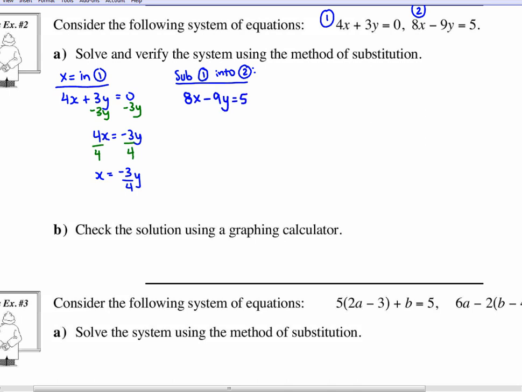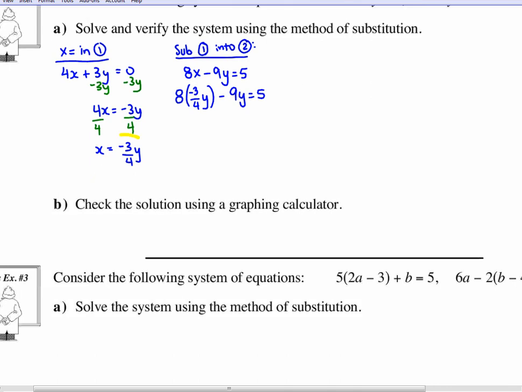Oh, that's funny. Okay, so here we go. Am I replacing the X or the Y? The X, because I made X equal to negative 3 over 4y.